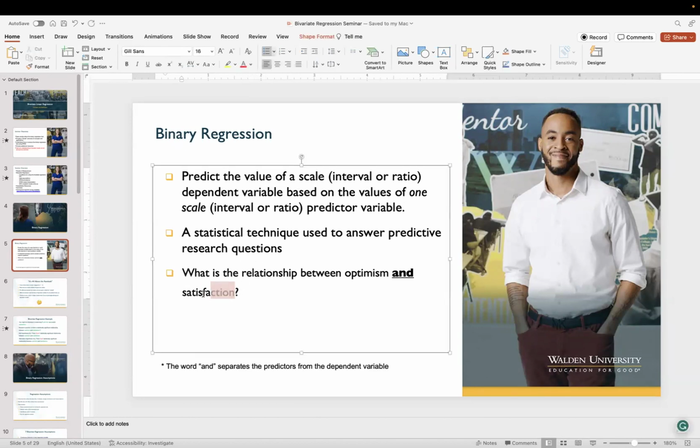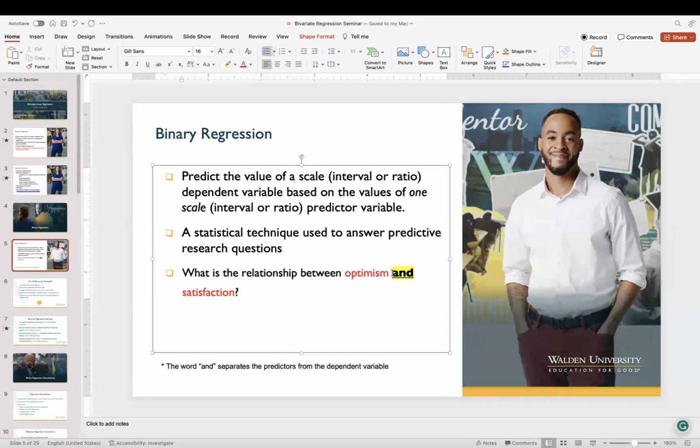That dependent variable in this case would be satisfaction, based on the value of one scale, again interval or ratio, predictor, and we're going to say optimism meets that. Now, the word "and," you see I have bolded here, and I'm going to put it in yellow because that's a very critical word. And down here, I left a little footnote that says the word "and" separates the predictor variables from the dependent variable.